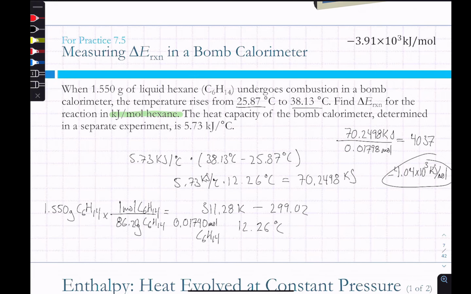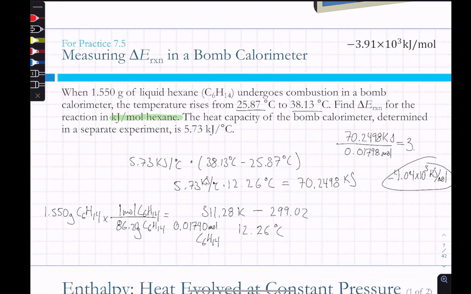I mean, I totally did that on purpose, and you guys passed the test. So yeah, now we get 3,907. And yes, it should be negative because the reaction going forward releases energy. We know that because the temperature of the water increased.